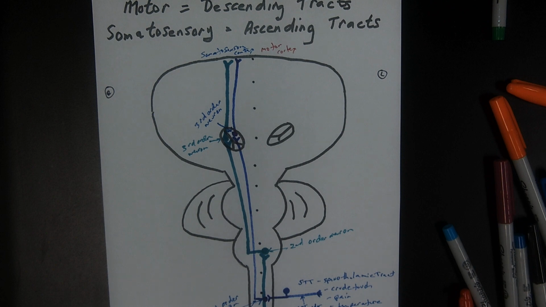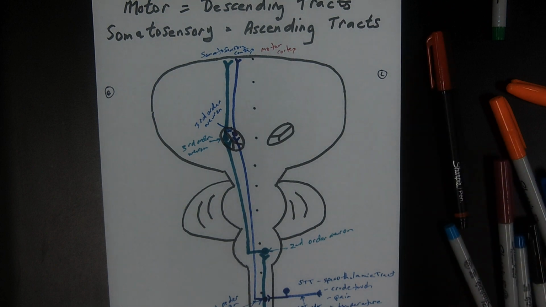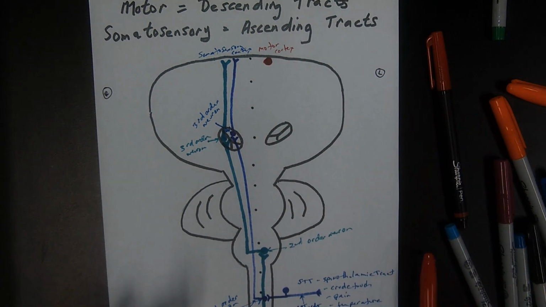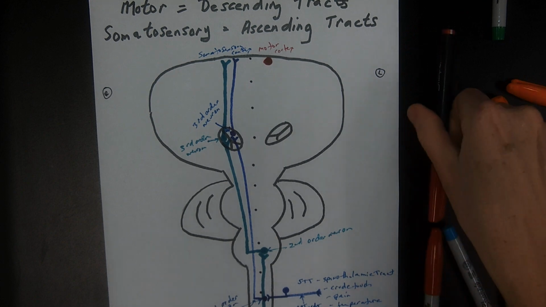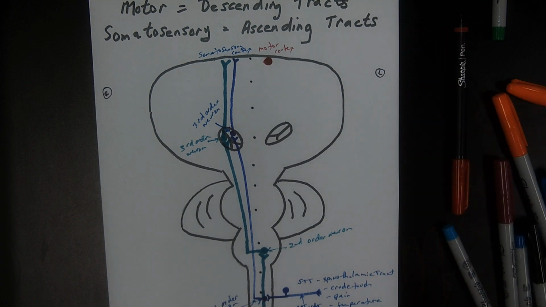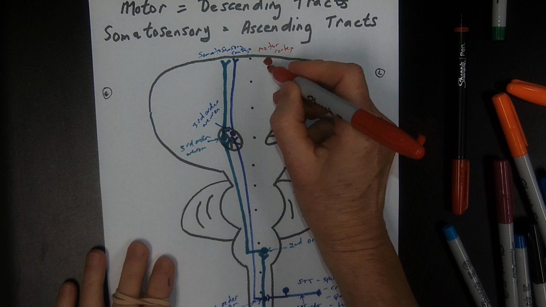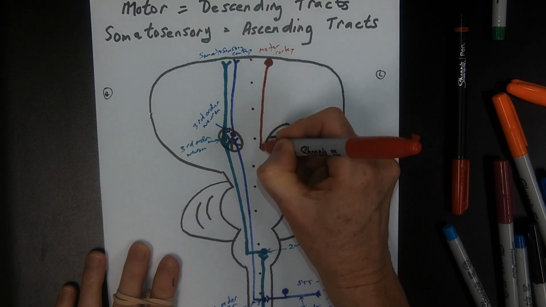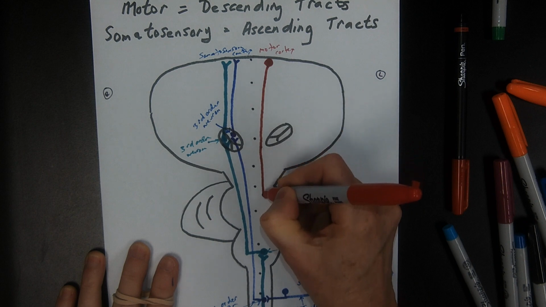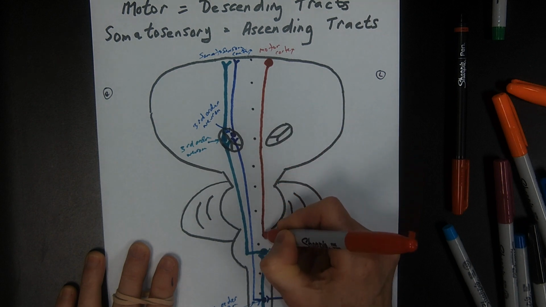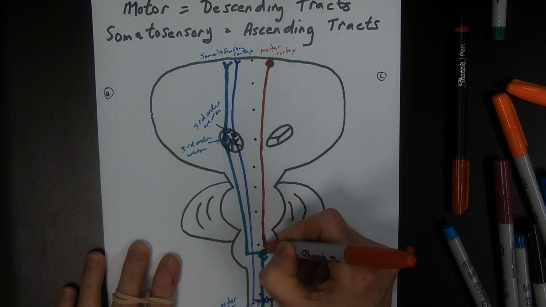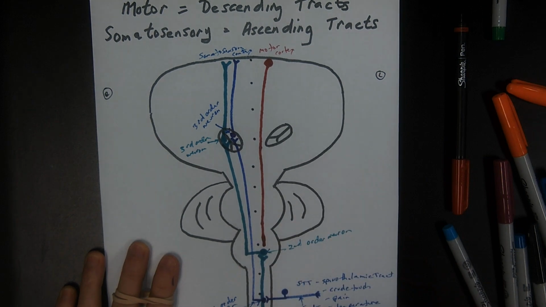As far as motor information is concerned, my neuronal cell body resides up in the primary motor cortex. We've seen that before. And what happens is there's an axon that comes out of that neuronal cell body that's going to travel straight down through the brainstem to the level of the really caudal medulla. We'll come over to here.